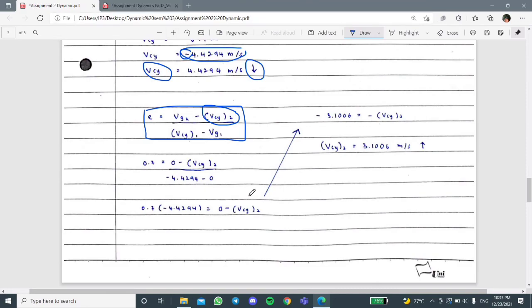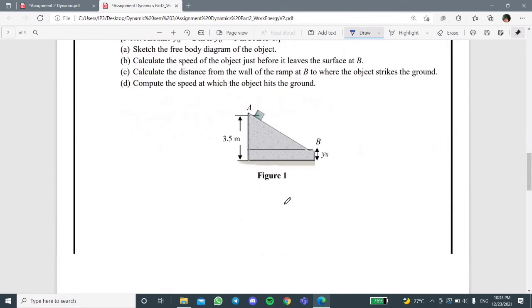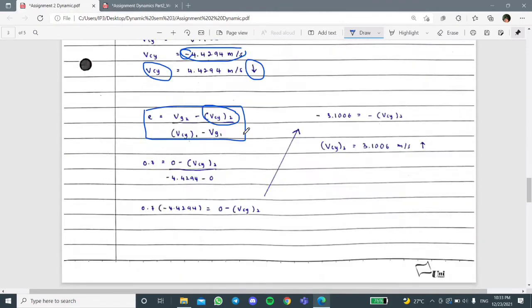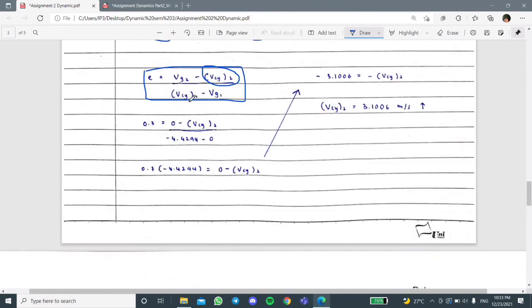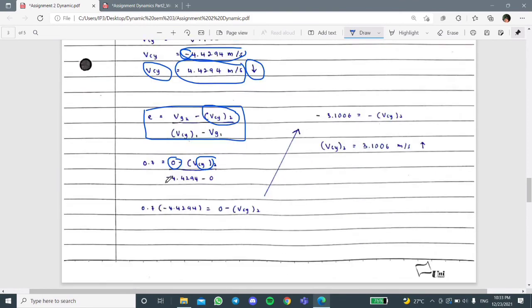Just take the value in the question at this 0.7. We replace it, and VG we replace with 0. Then VCY we got from what we calculated just now. Then we calculate, we got 3.1006 upward.